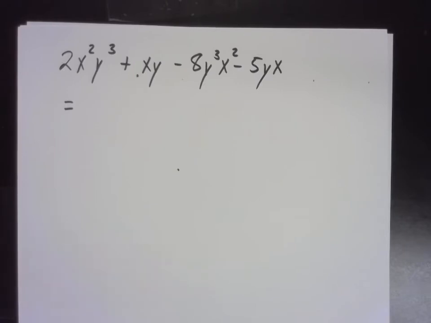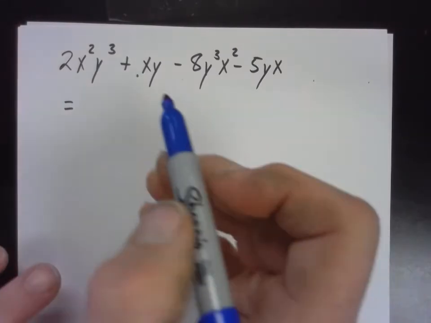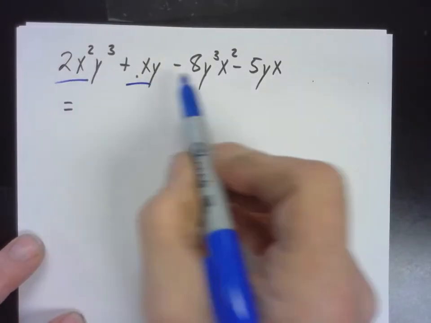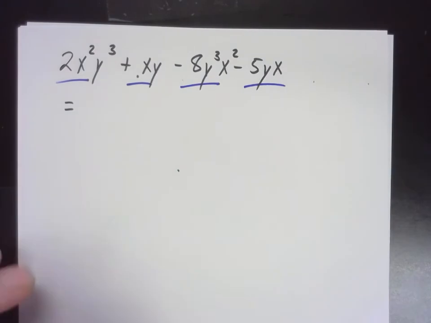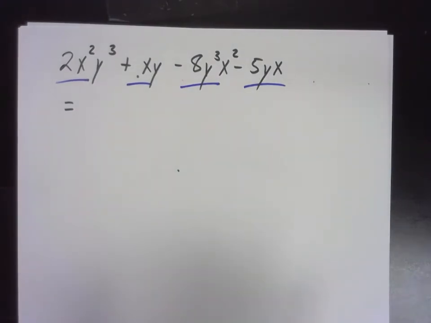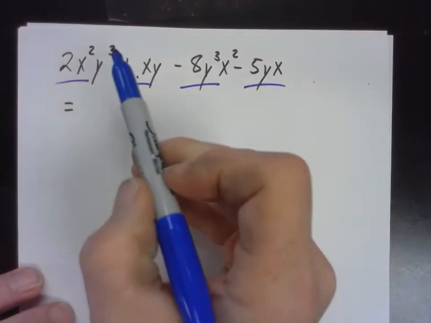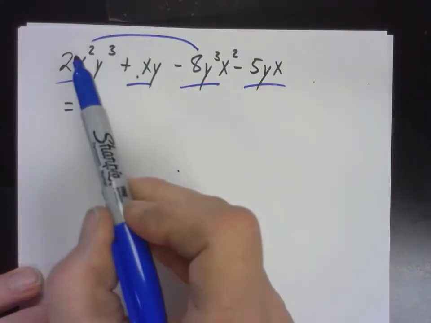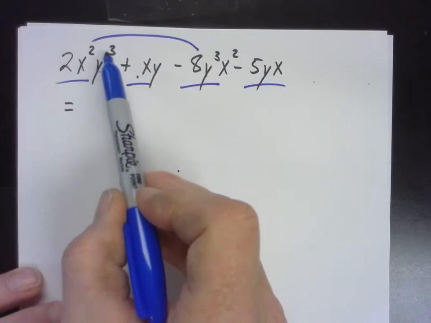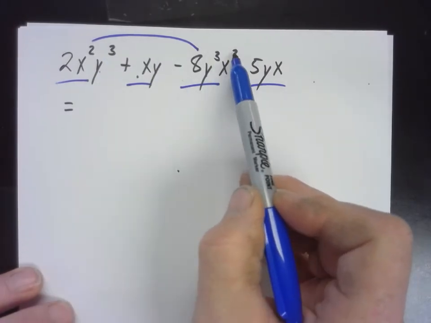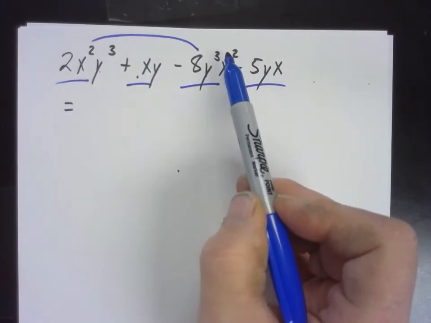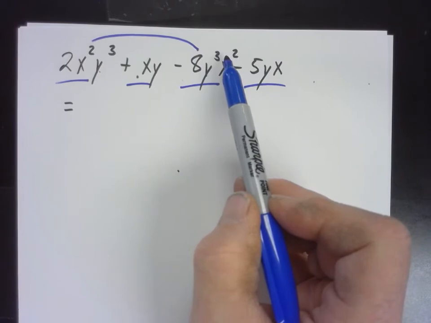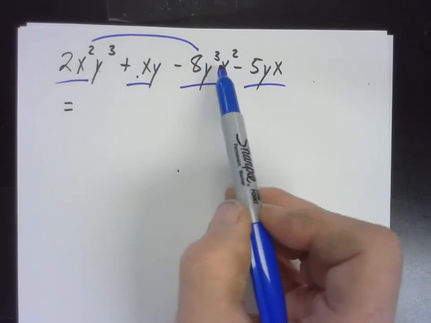Okay, so how many terms are there? 4? Okay, so we have 1, 2, 3, 4 terms. And are they all like terms or just some of them? Some of them. So I'm looking at the first term and the third term. What do you think? Now they're not in the same order. This one's x squared y cubed, this one's y cubed x squared. But does the order matter when we multiply? It doesn't. So these two are like terms.